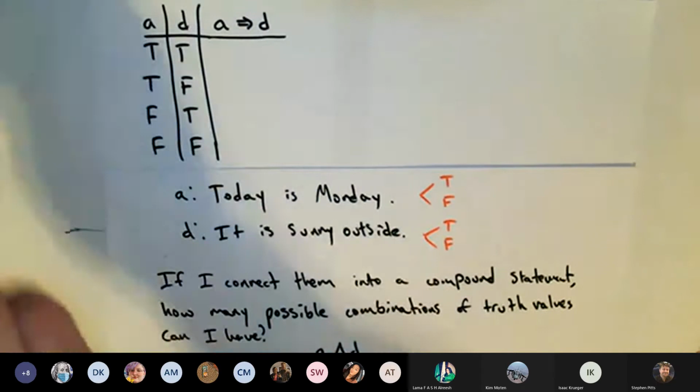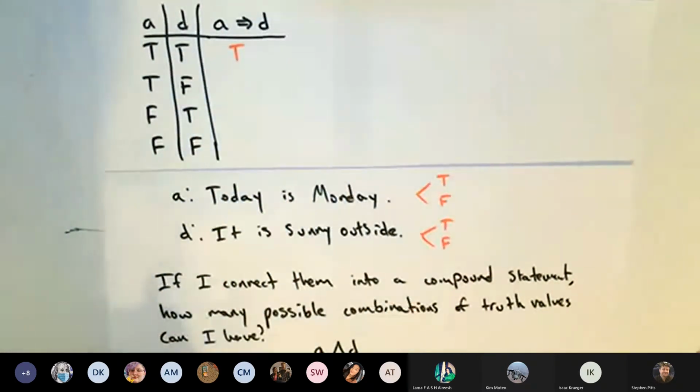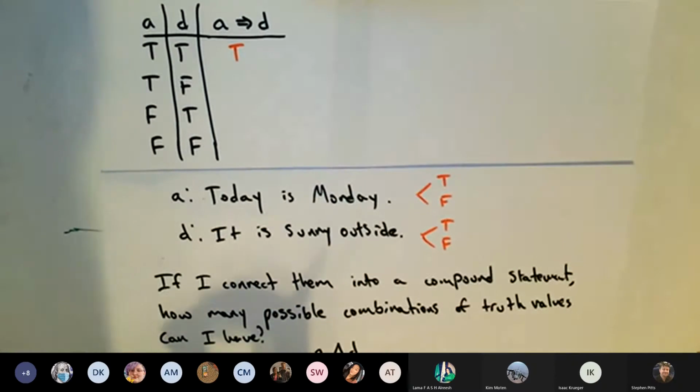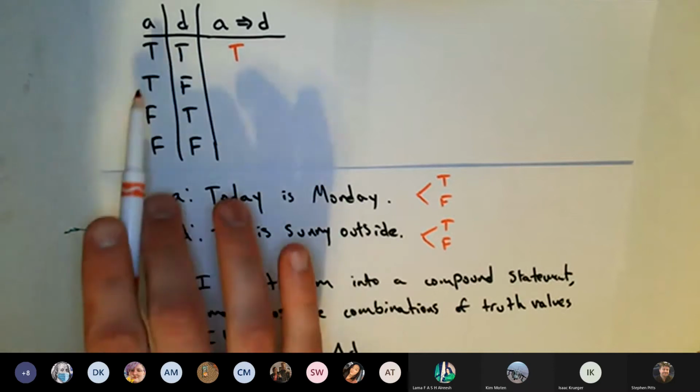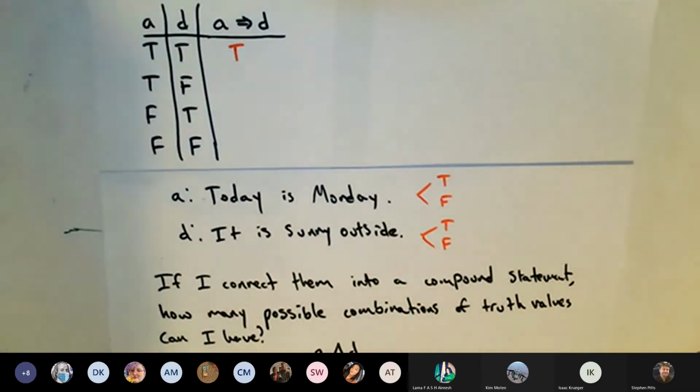So it's true. Probably that one's no surprise. If both pieces are true, as you've seen so far with all the different ways to connect simple statements, the output should be true as well. So probably not too much weirdness there.